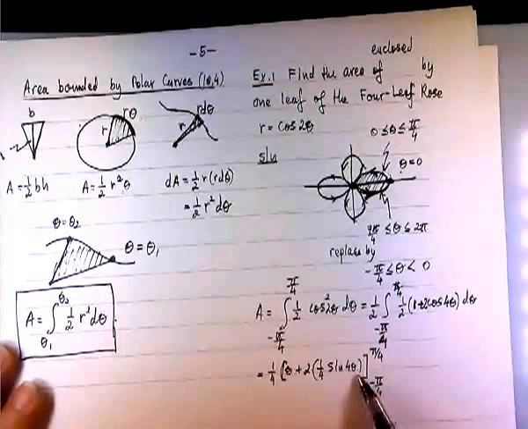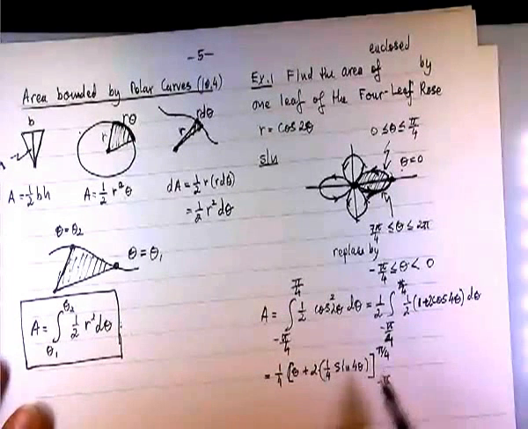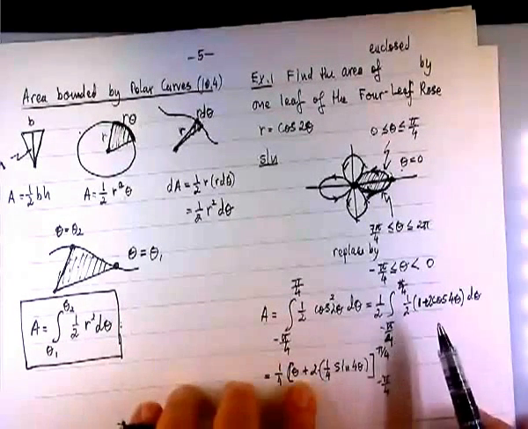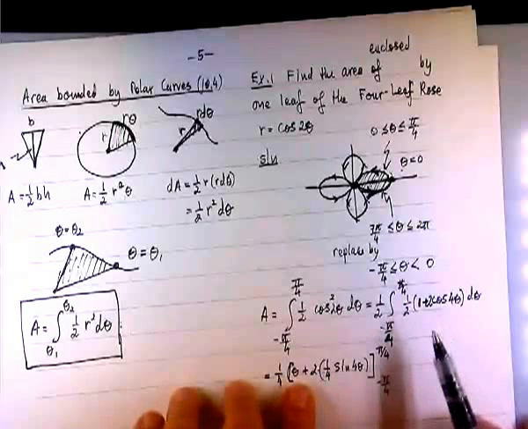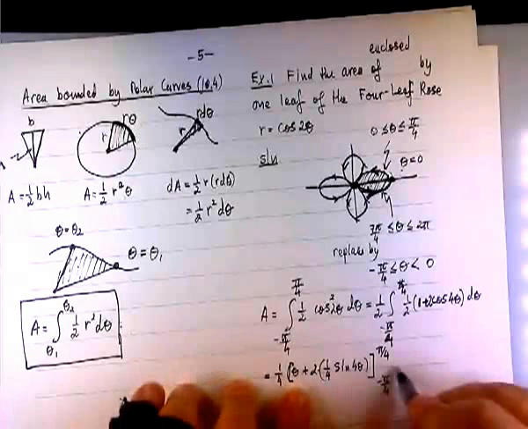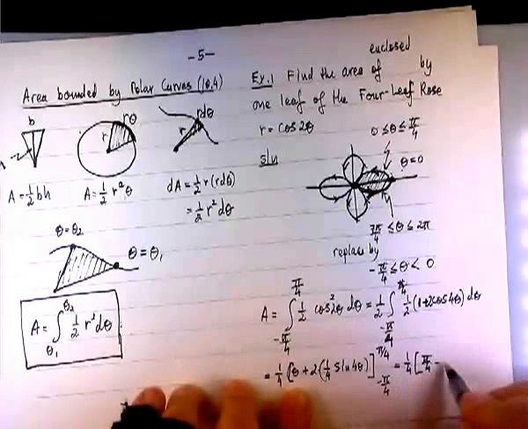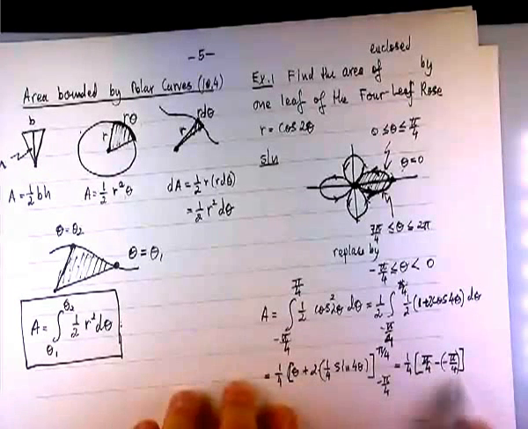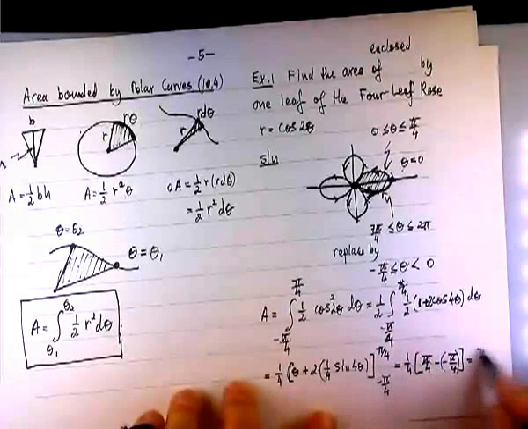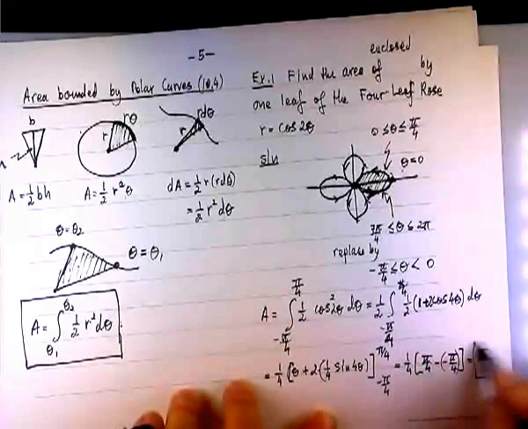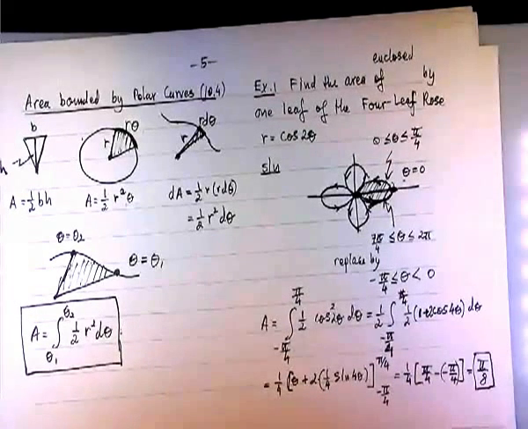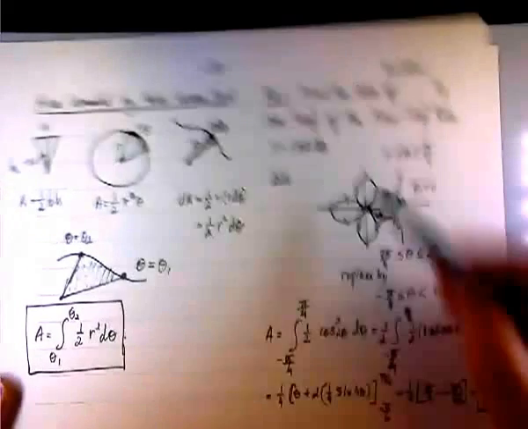Here's the thing. If you think about sine of 4 theta, if you have pi over 4, then you have either sine pi or sine of negative pi. In any event, it's 0. So the only value that we're going to include is theta. So we end up having 1/4 times pi over 4 minus negative pi over 4. So this will be pi over 2, and times 1/4, we end up having pi over 8.